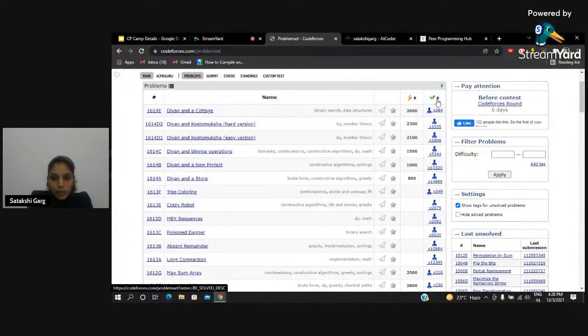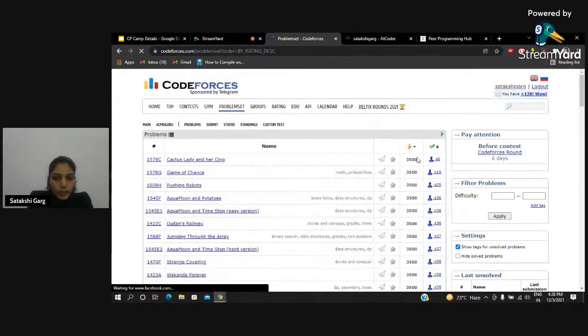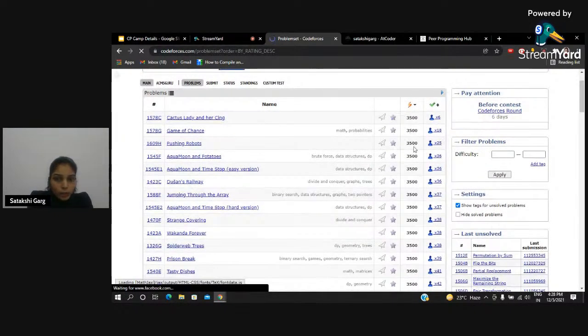The green mark says how many submissions have been made to this problem, whereas the red mark says the difficulty rating of the problem. If I click over these two arrows once, it sorts the values, and now you will see that the problem rating is 3500.